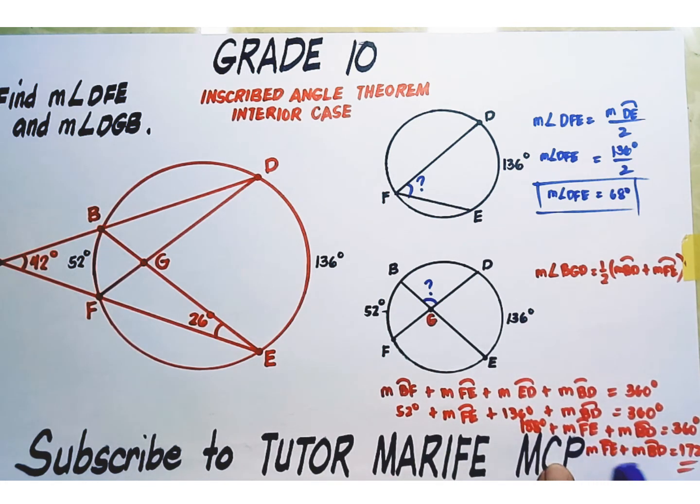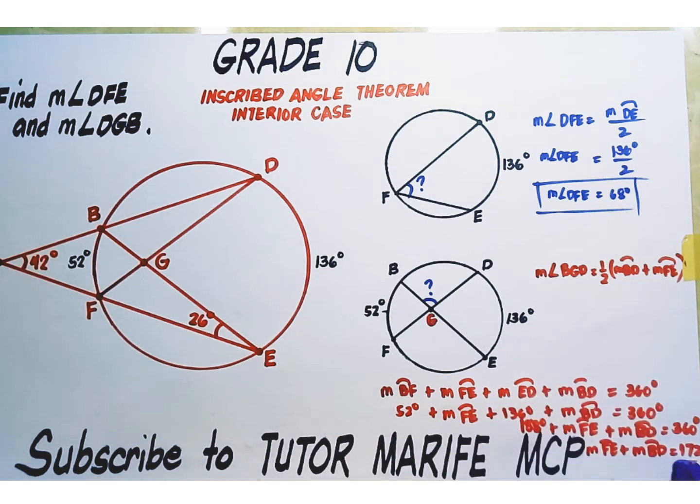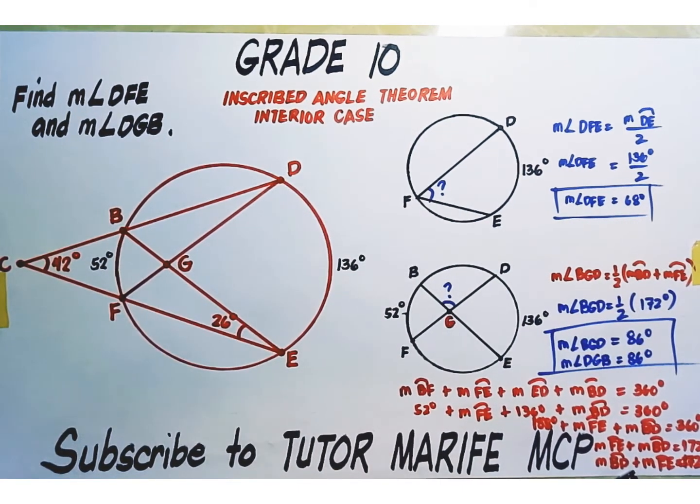We are going to use this in this equation. By commutative property of addition, interchanging the order of the addends will not affect the sum. Therefore, measure of arc FE plus measure of arc BD is also the same as measure of arc BD plus measure of arc FE.